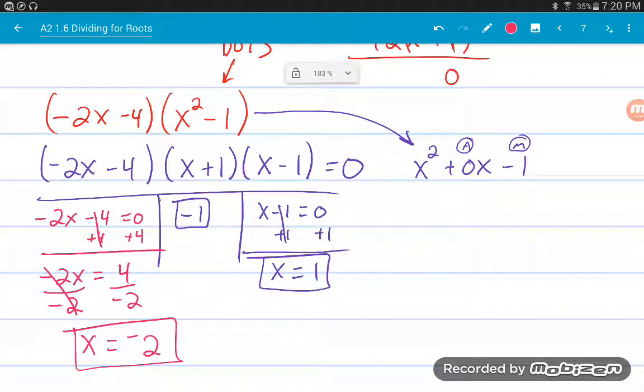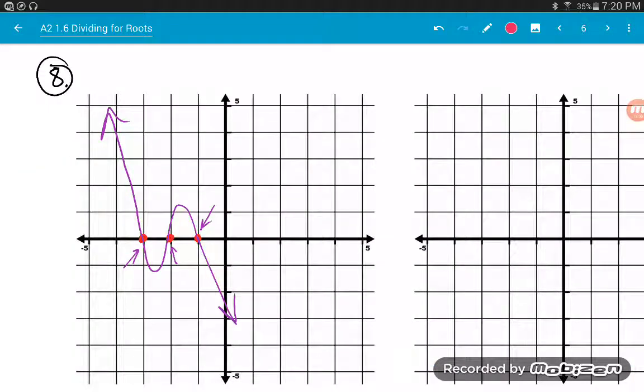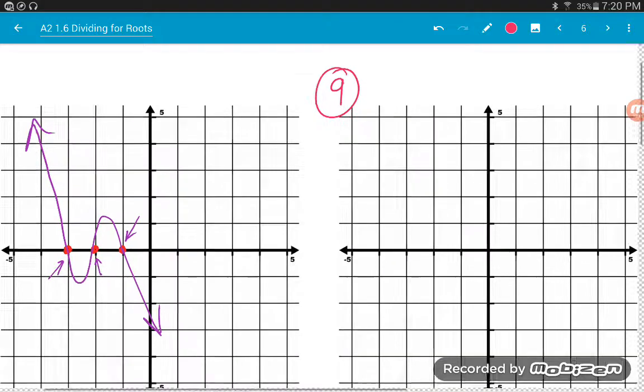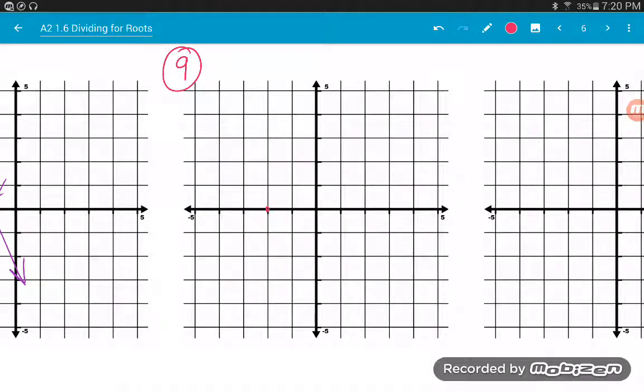Now the graph for this one has three roots, negative 2, negative 1, and 1. Negative 2, negative 1, and positive 1.